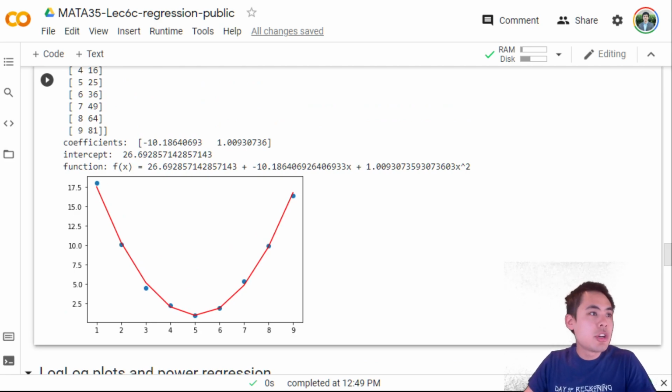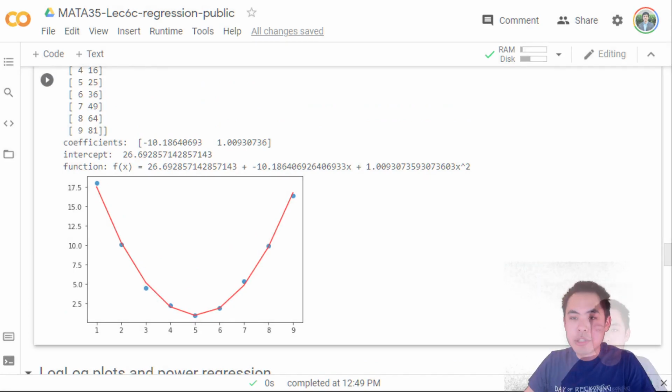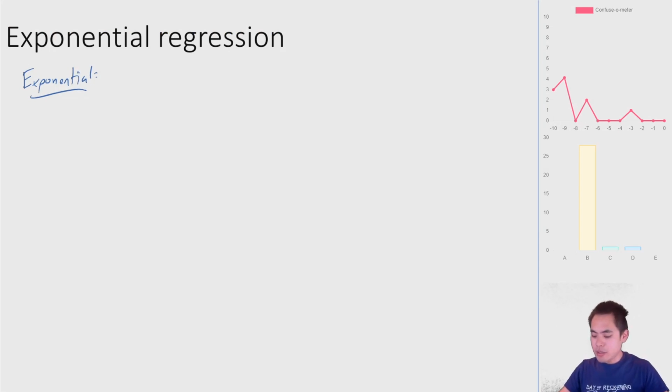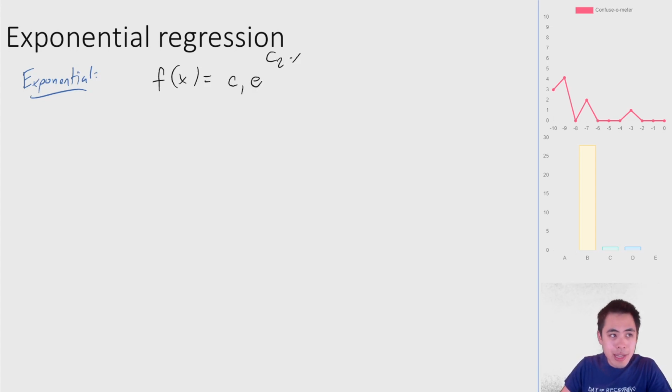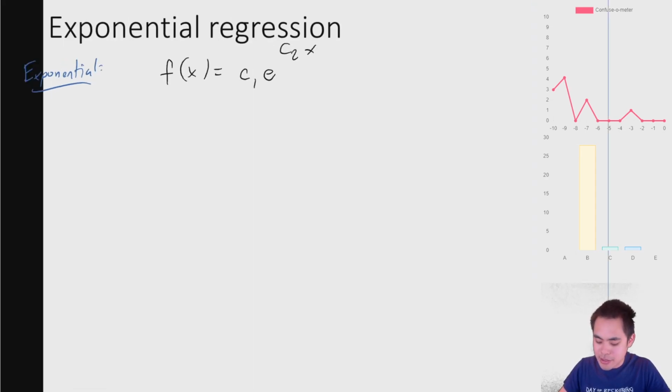Okay, so let's go back to our exponential regression example, which I was getting started on. It turns out that there are different ways of converting your equation into something that looks linear. Let's say we had f of x is equal to c1 e to the c2x. I'm using slightly different coefficients because the coefficients aren't going to be exactly the same in this case.